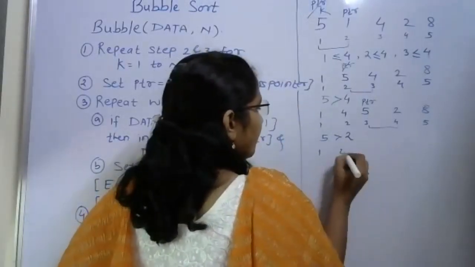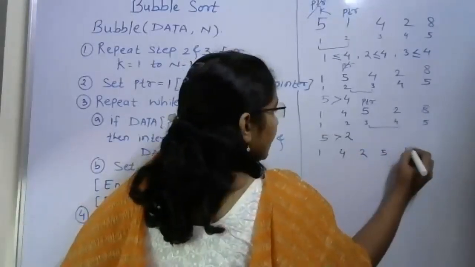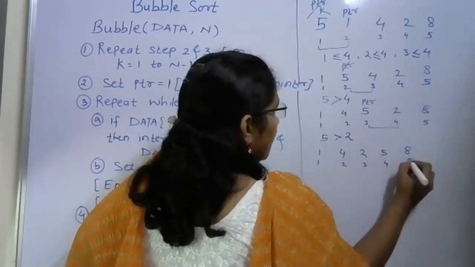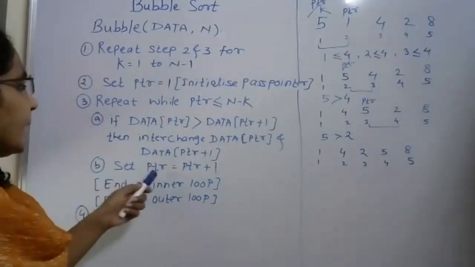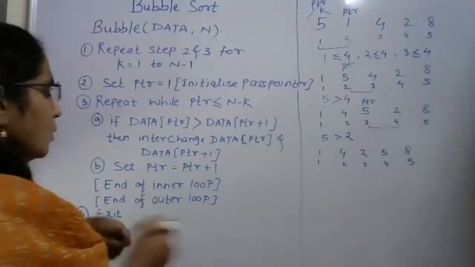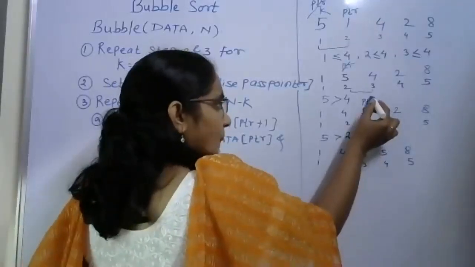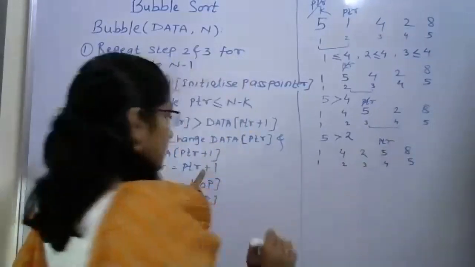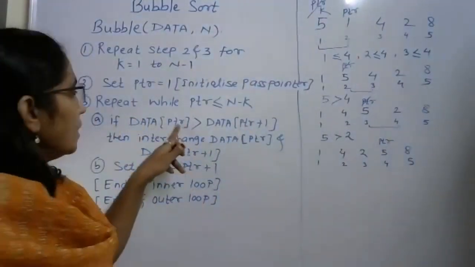So 1, 4, then here 2, and here 5, and then 8. 1, 2, 3, 4 and then 5. Now, set PTR equal to PTR plus 1. What is the value of PTR? Previously 3. So this old PTR will vanish and the new value is set at location 4. Again, your control goes back to the loop.